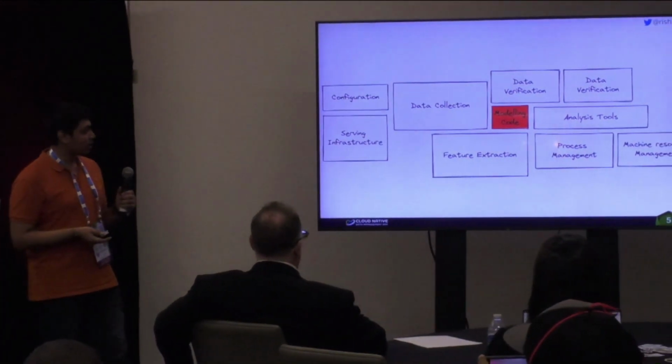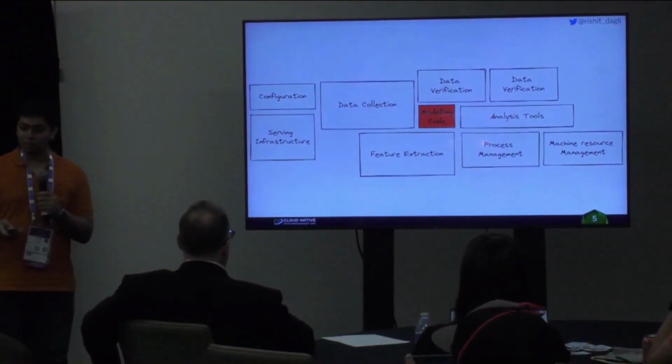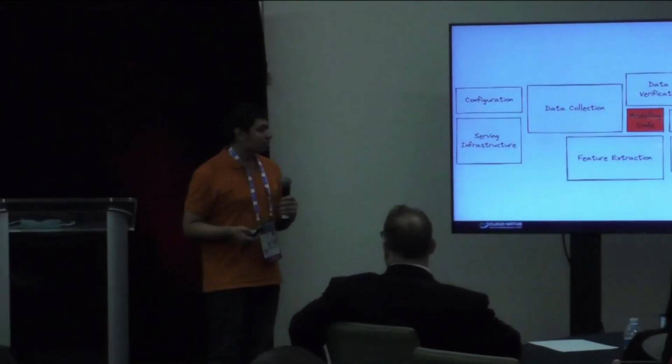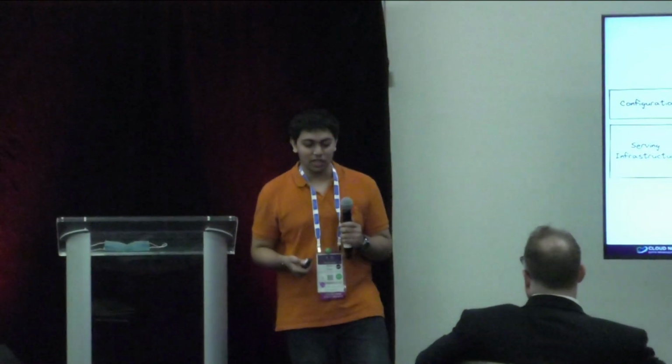It is a very common misconception that modeling code plays a big role. Well, it plays a big role, but some of the other parts of the entire system, like the serving infrastructure, for example, are pretty big. Modeling is just a little part of it. So you do need to put in just as much time for serving infrastructure, configuration, data collection, all of these other processes, not just your modeling code.